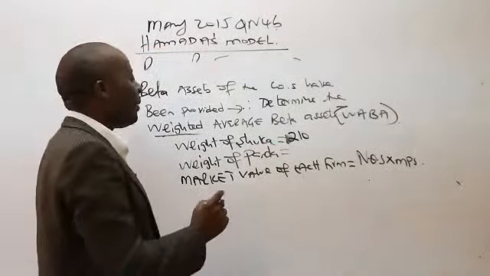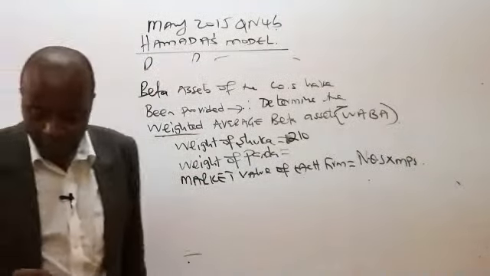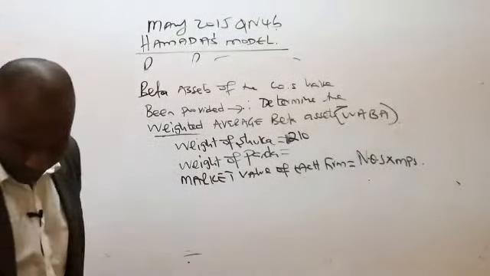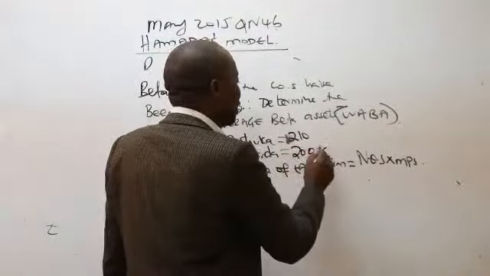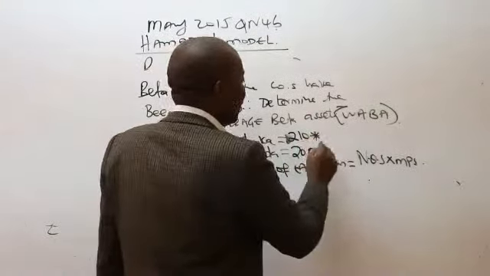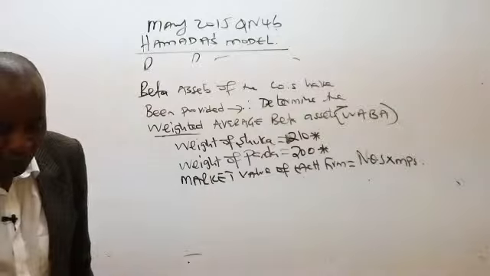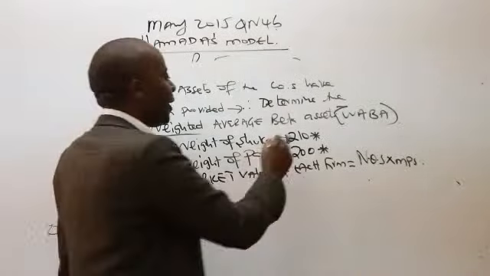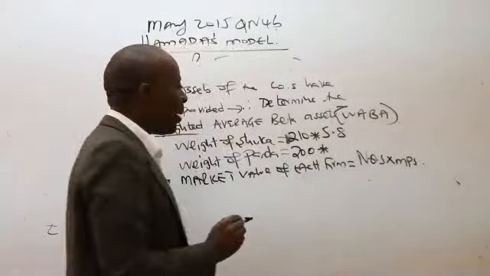How about number of ordinary shares for Panda? They say it is 200. How about their respective market prices? Is there somebody who is able to see the market prices, ladies and gentlemen? For Shuka, it's 5.8. How about the market price for Panda?